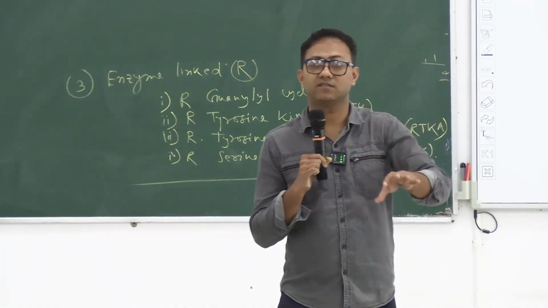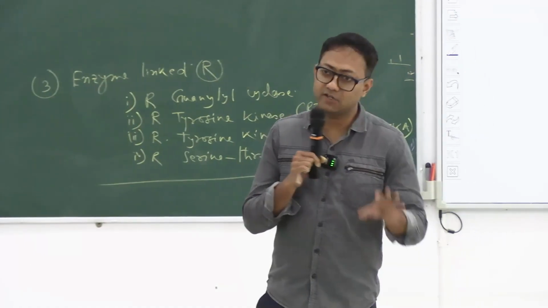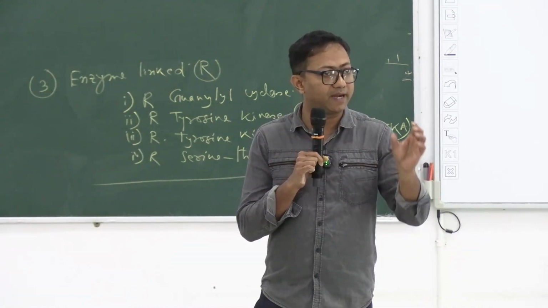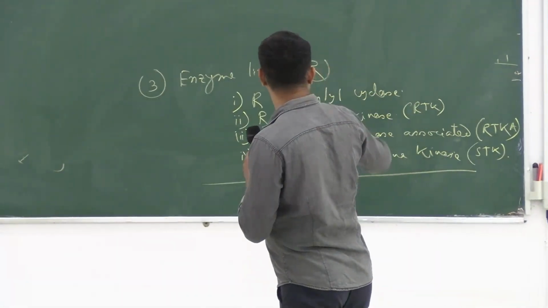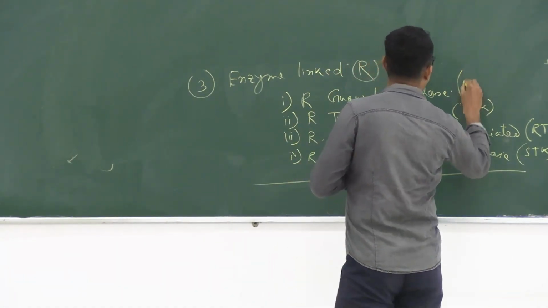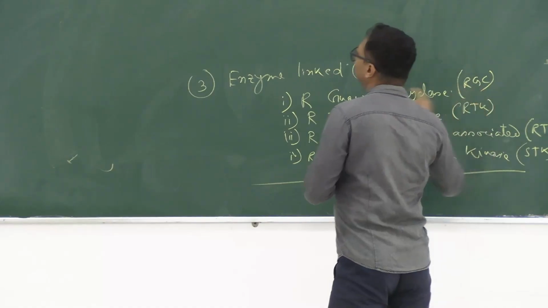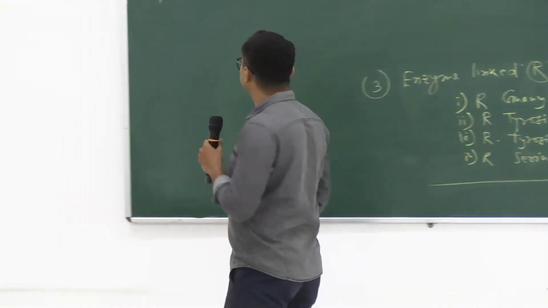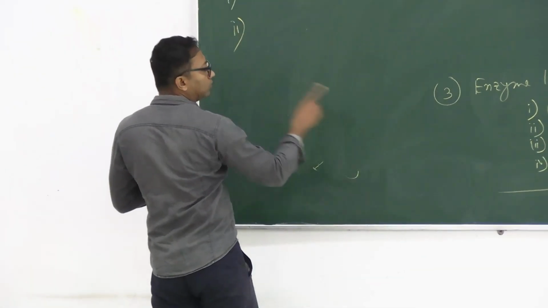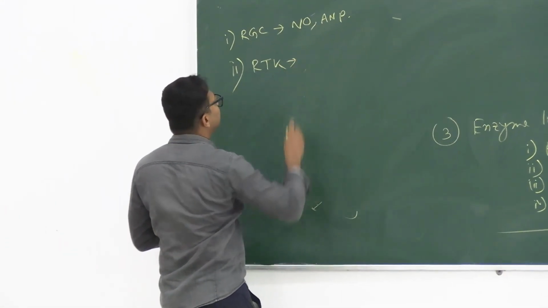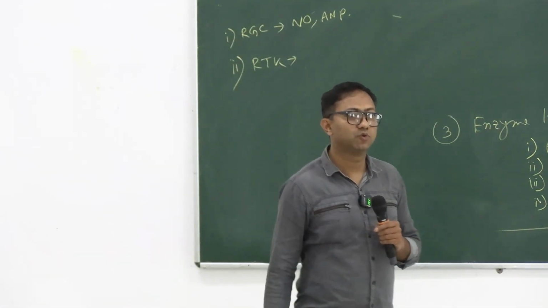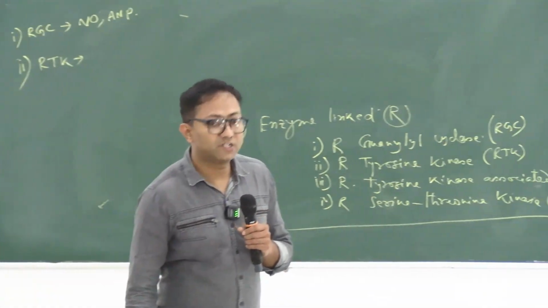By doing this it reduces blood pressure. Nitric oxide also reduces blood pressure by doing vasodilation. So the receptor guanylyl cyclase examples are NO and ANP.